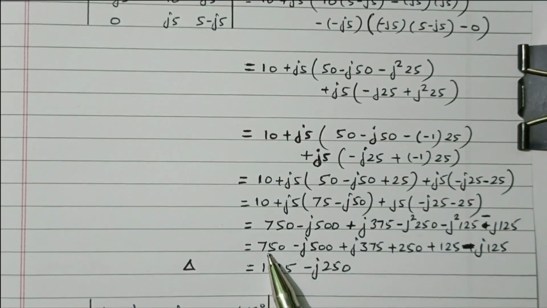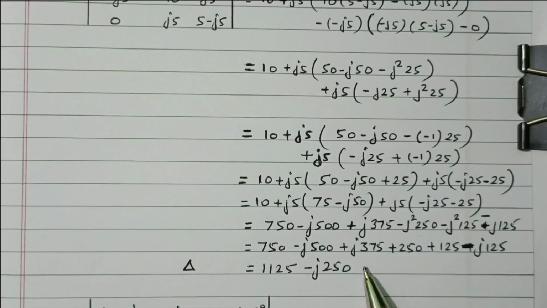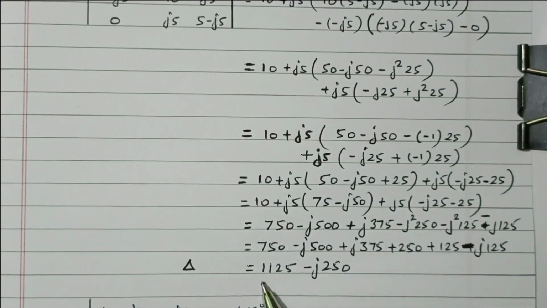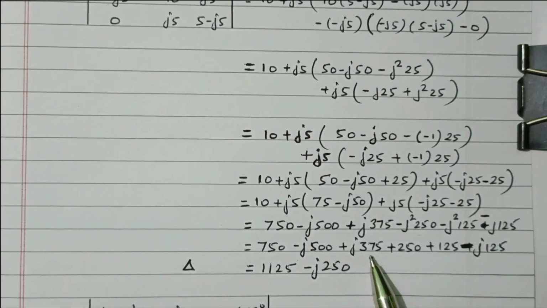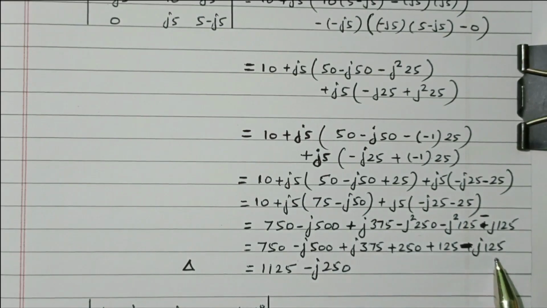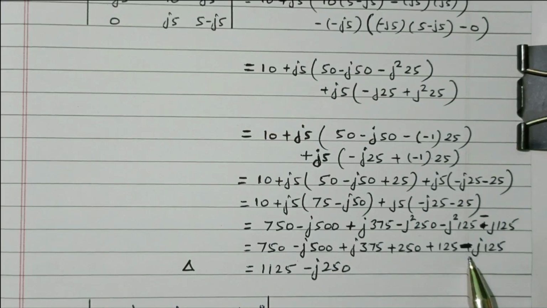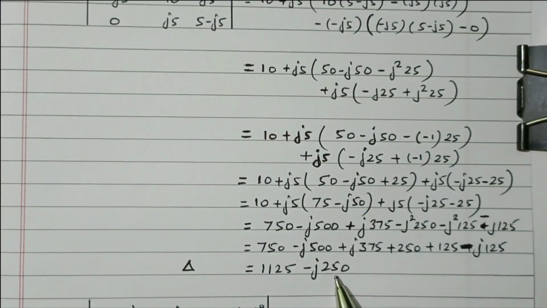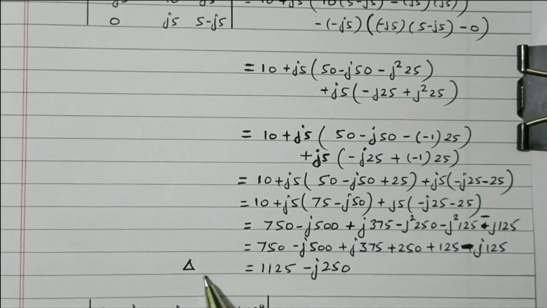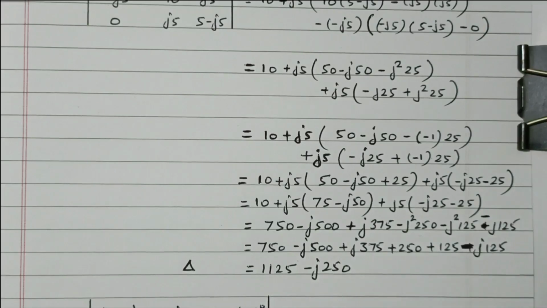So further it is simplified: 750 - j500 + j375 + 250 + 125 - j125. Now we will add all the real terms: 750, 250 and 125, 1200 and 1125. Minus j500 + j375 - j125. You have to add all these imaginary terms, that is -250. So now we calculate the delta value: 1125 - j250.